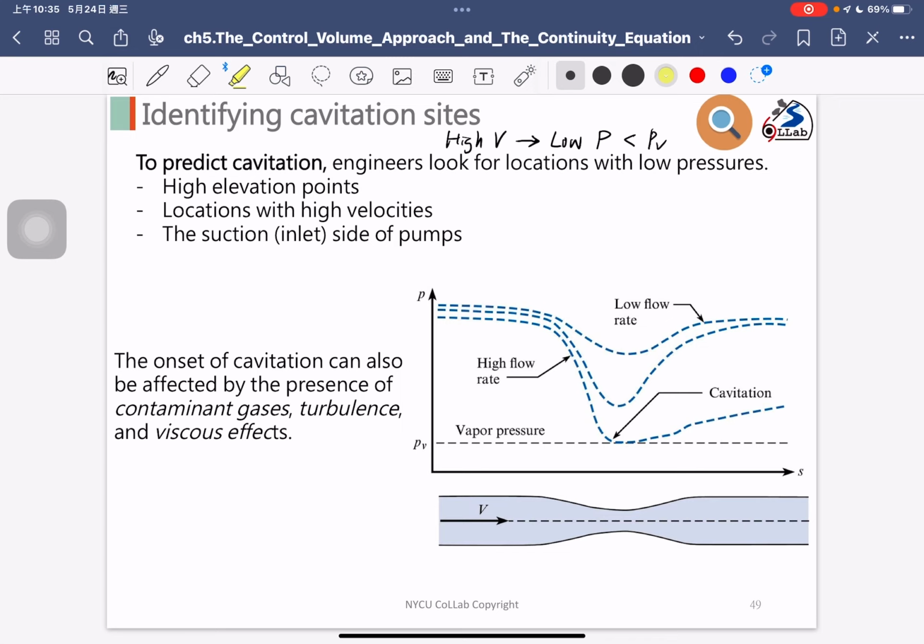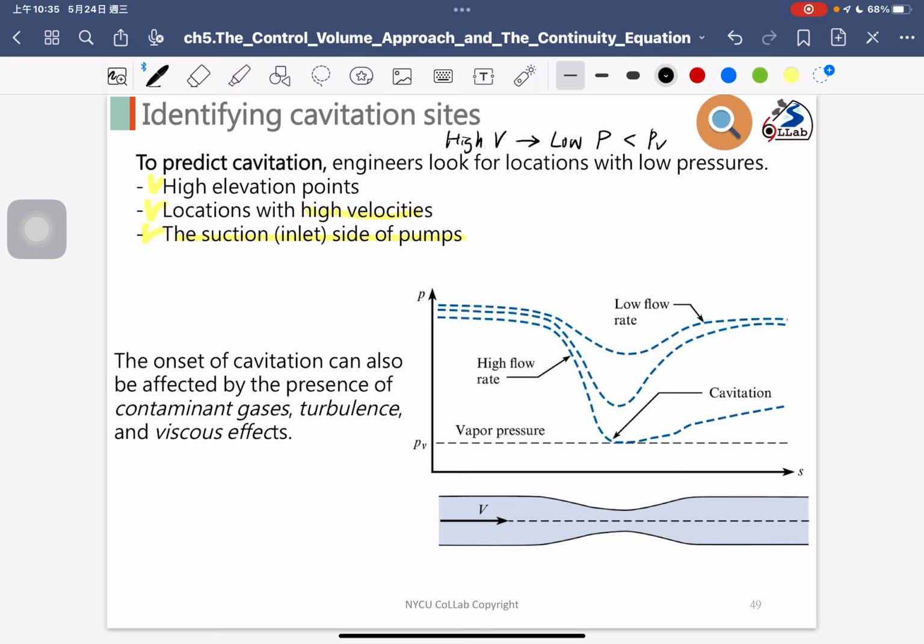How many conditions can result in lower pressure? The first one: if your elevation increases, the pressure will decrease. So you may have some lower pressure conditions. And sometimes if your location has higher speed, the higher velocity will have lower pressure. And also the suction regions of pumps. The suction region has a small cross-section area.